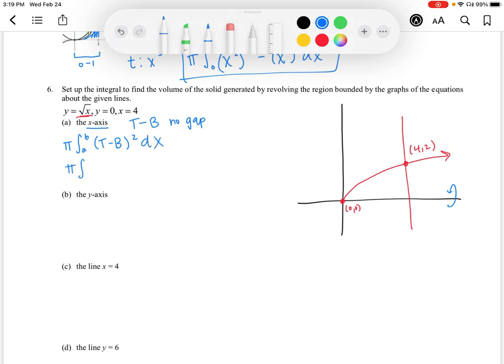So pi, the integral from 0 to 4, using my x values, because this is dealing with x. And my top is that square root of x. My bottom is the axis, 0, squared dx. And we'll just leave it there. I'm going to trust that you guys know how to solve these integrals, and we will stop right there.